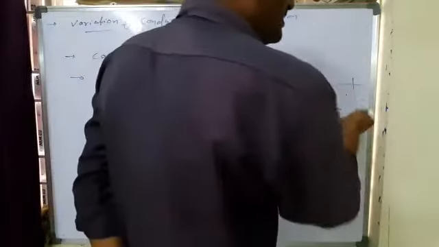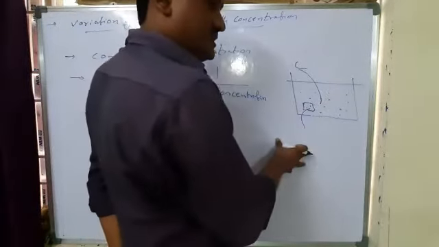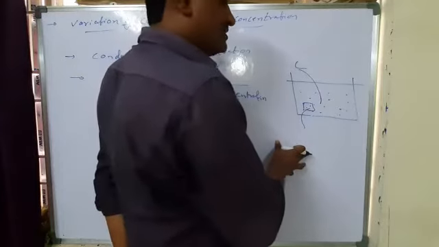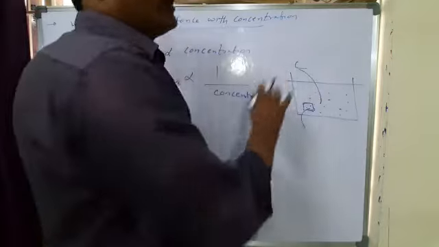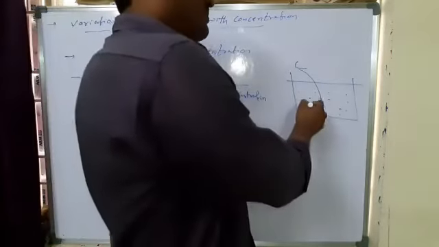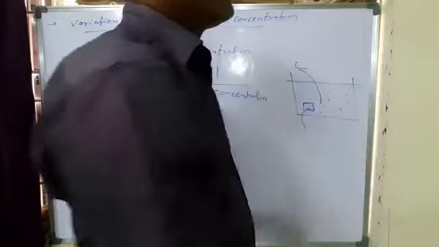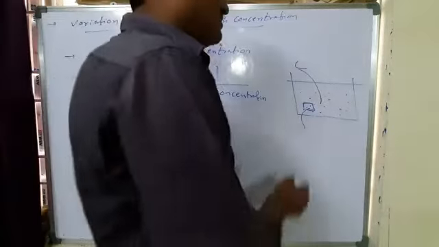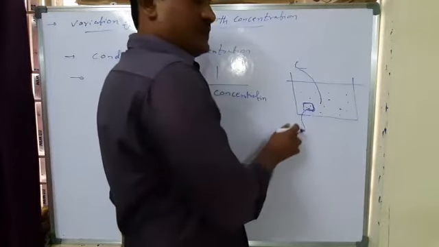So if concentration changes, the number of particles in unit area changes, but in the overall solution the number of particles is increased. Initially two particles are there in unit area.